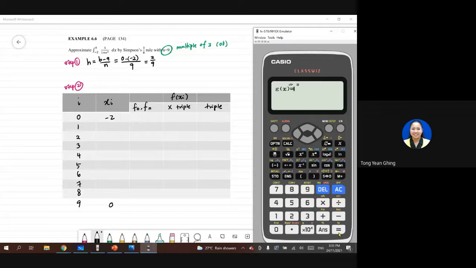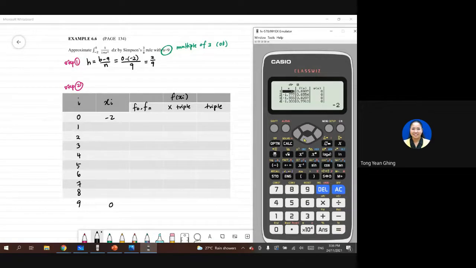So sama dengan gx is 0. So start from negative 2 until 0 with the step size is 2 over 9. So step size dia macam ni lah.